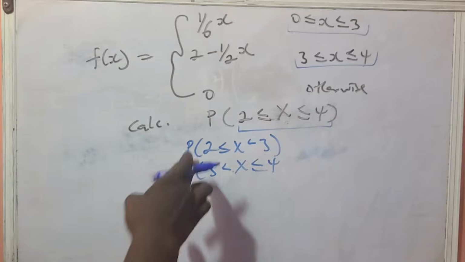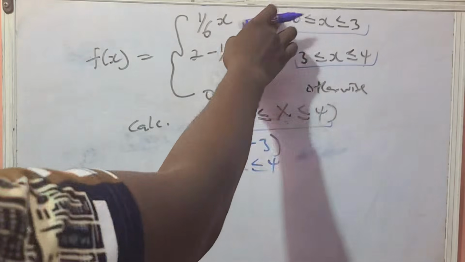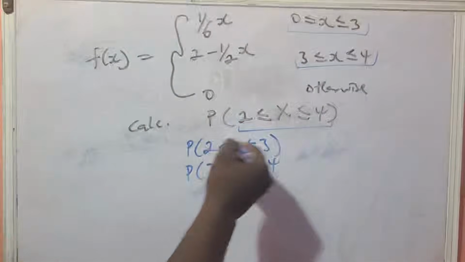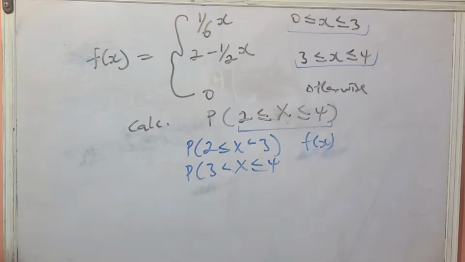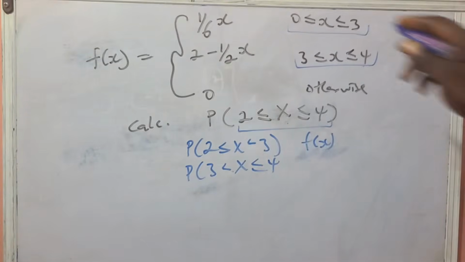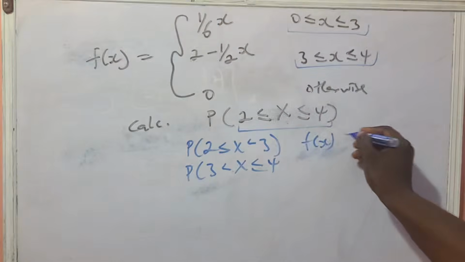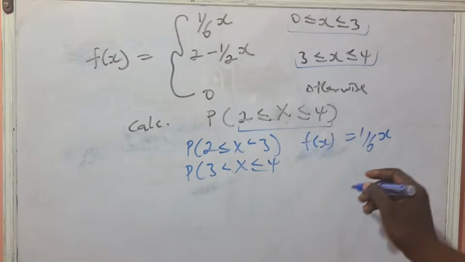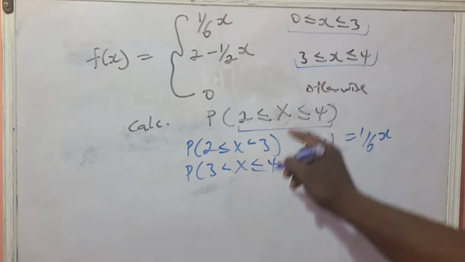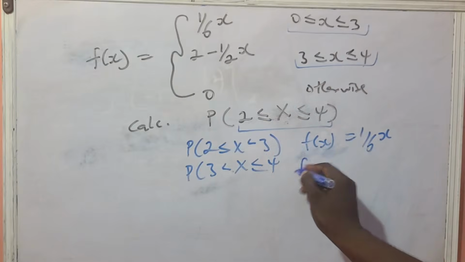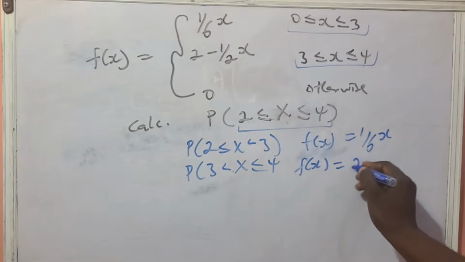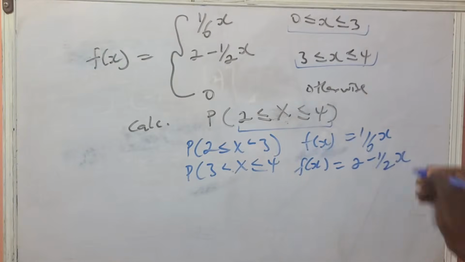Now, for 2 to 3, the function of interest that houses the range of 2 and 3 was 1 over 6x, whereas the function of interest that houses the 3 to 4 was 2 minus 1 over 2x.